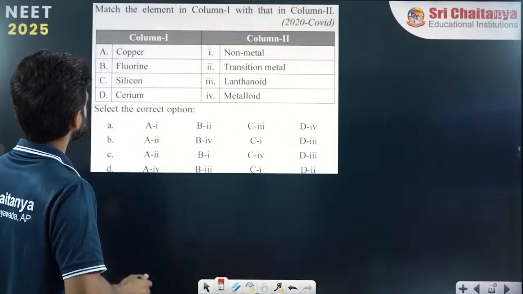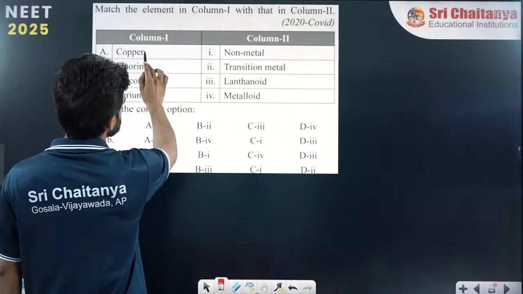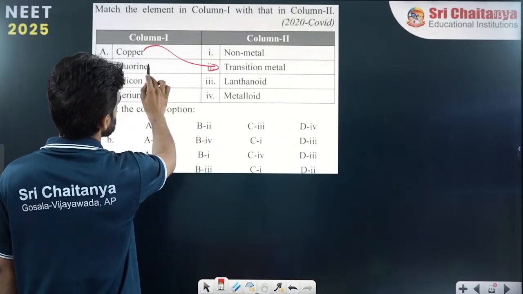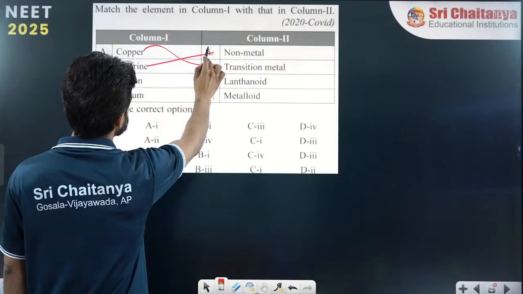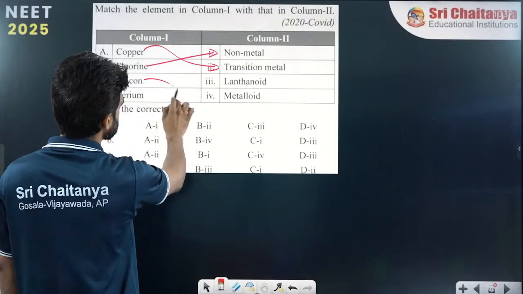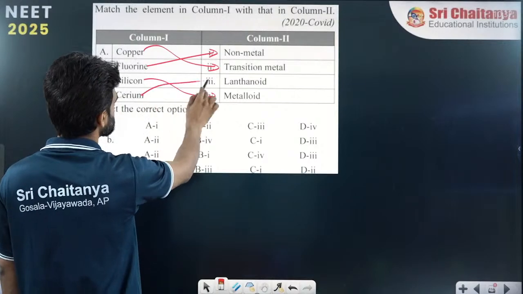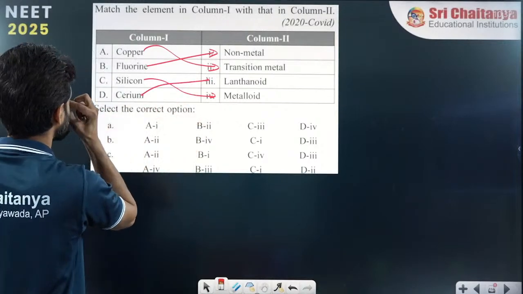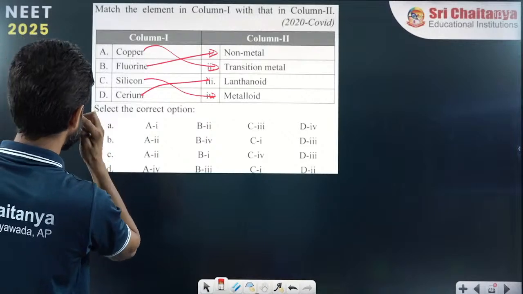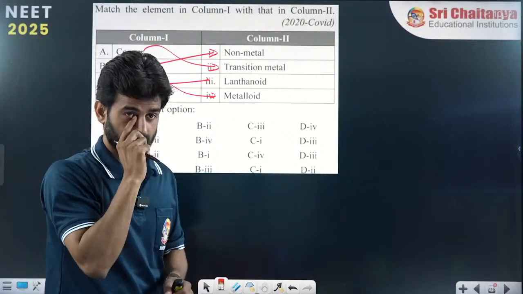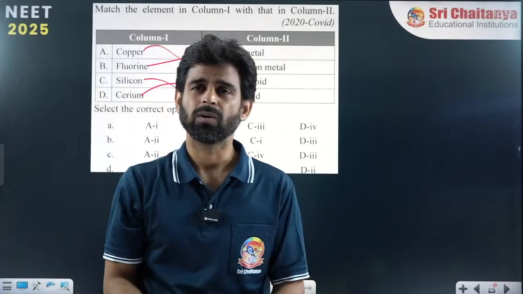Now, what is copper? Copper is definitely a transition metal. Fluorine is a non-metal. Silicon is a metalloid. Cerium is a lanthanoid, right? So silicon is a metalloid, or in the 14th group they are writing it as non-metal.